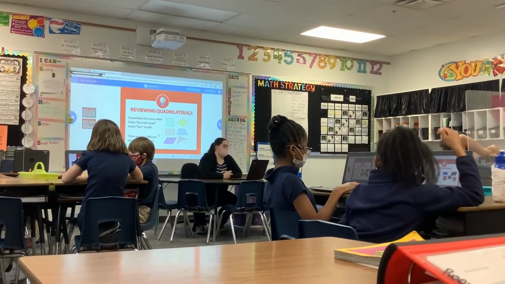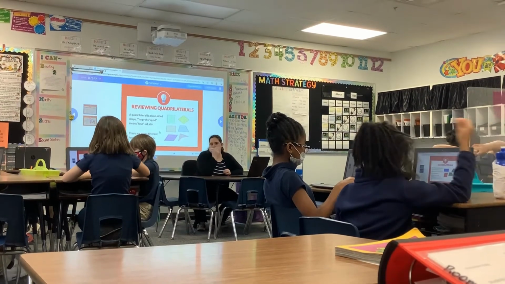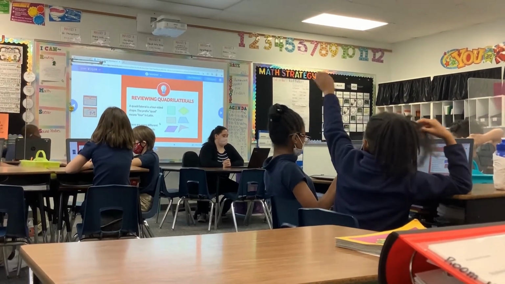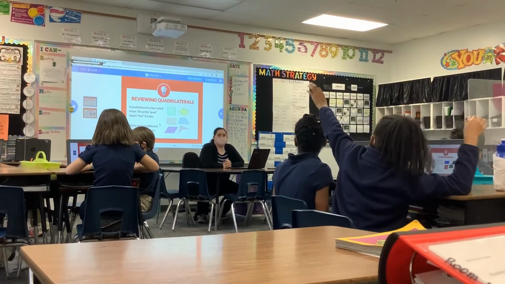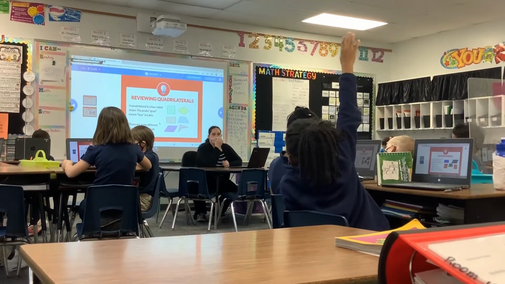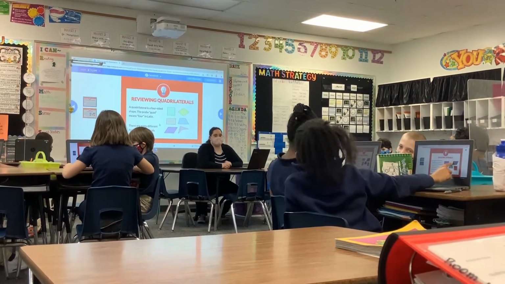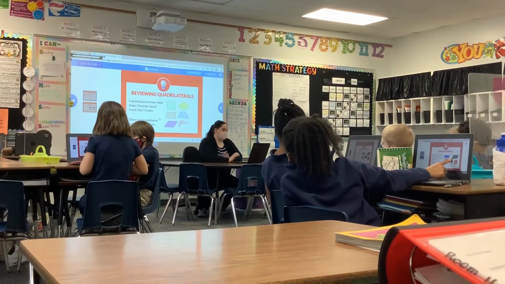If it helps you, the prefix quad means four. So when thinking of quadrilateral, quad should make you think of four. What does lateral mean? Sides.